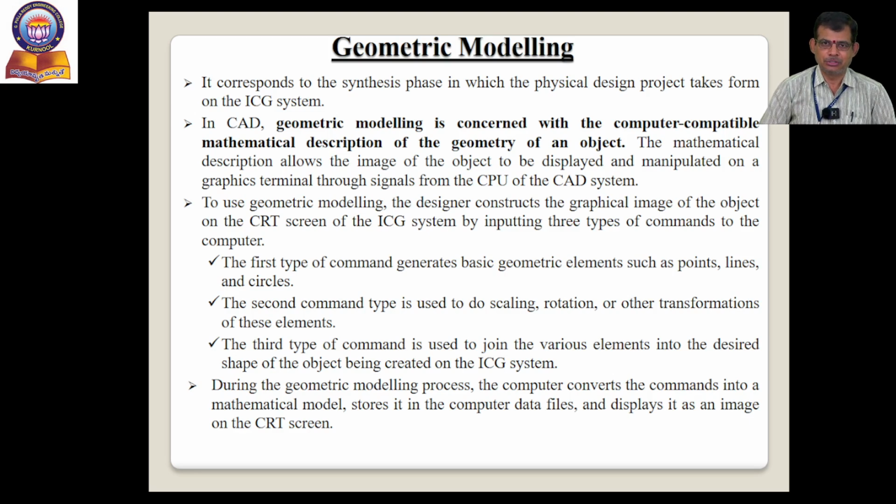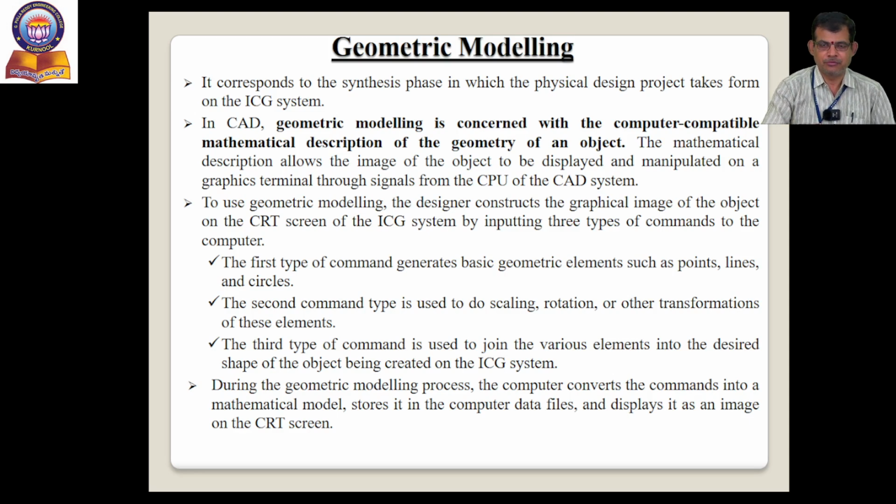It should not be a non-mathematically defined form. You should have a mathematical description of the geometry of the object that you are going to create. What does this description do? It allows the image of the object to be displayed and manipulated on a graphic terminal on the screen through signals from the CPU of the CAD system.